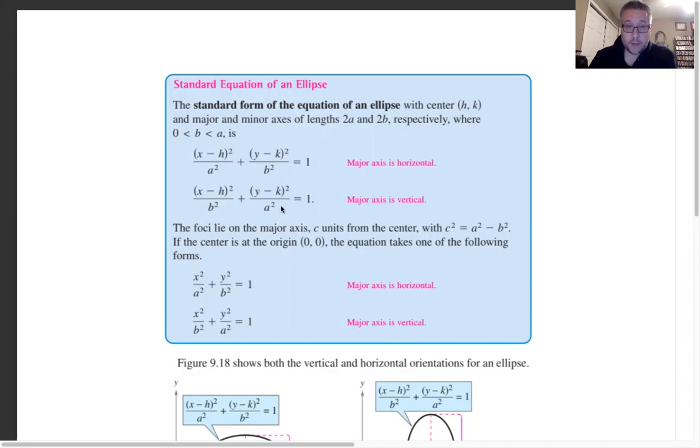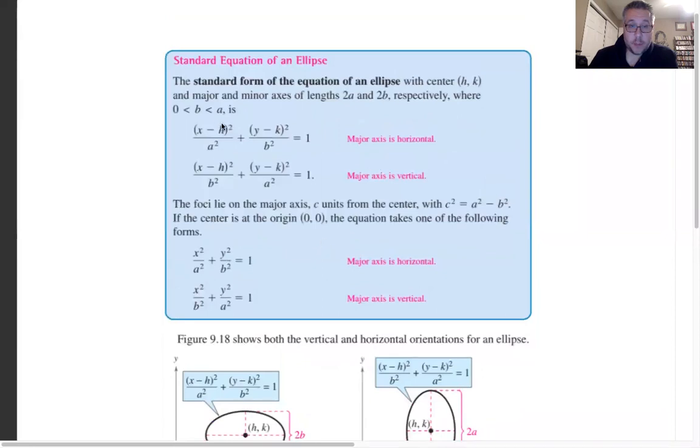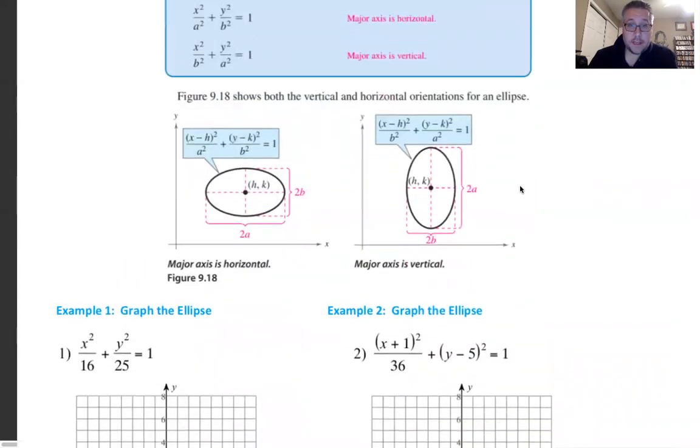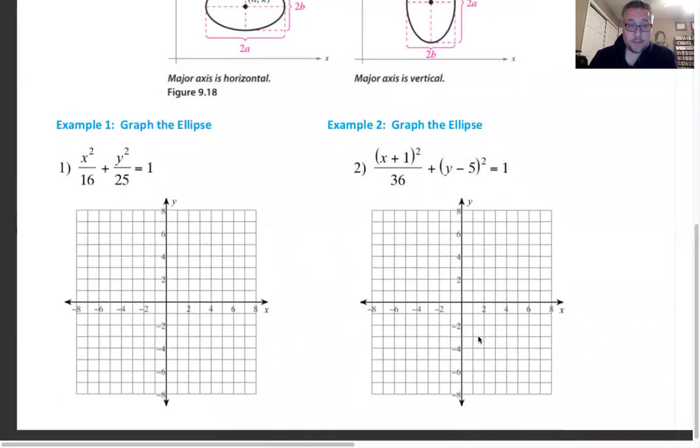And if the a squared is attached to the y fraction, it's going to be vertical, or taller than it is wide. Of course, if you're centered at the origin, you won't have this h or k shift value, which is fine. Okay, so here's some more particulars, and without further ado, we'll get right into a couple of examples. So, graph.